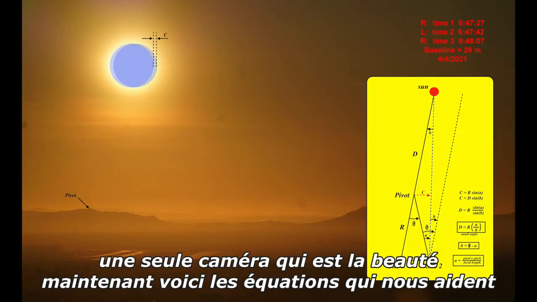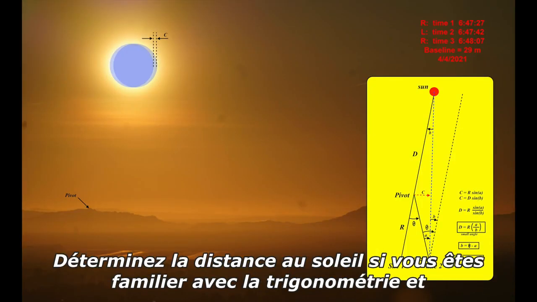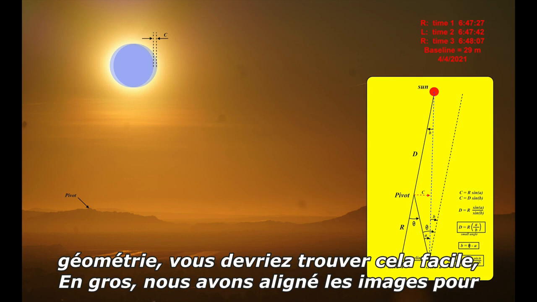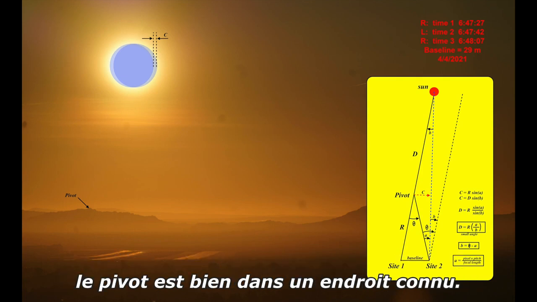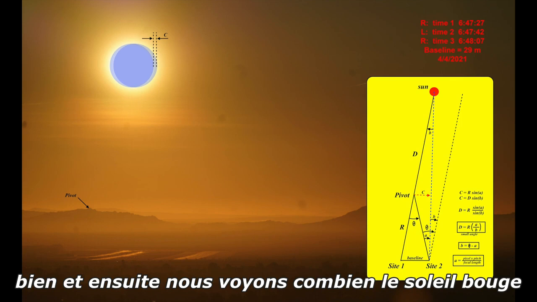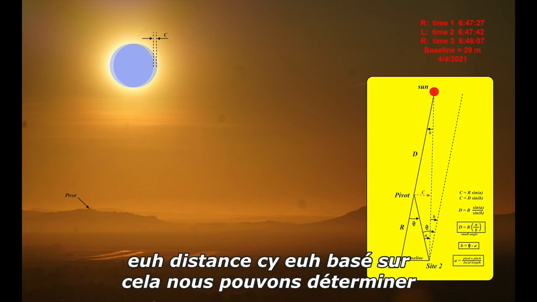Now here's the equations that help us determine the distance to the sun. If you're familiar with trigonometry and geometry, you should find this easy. Basically, we've aligned the photos to the pivot, okay, at a known location. Okay, and then we see how much the sun is shifting, distance c.